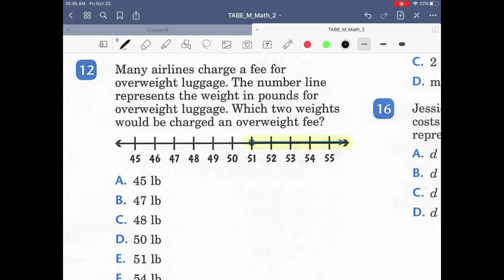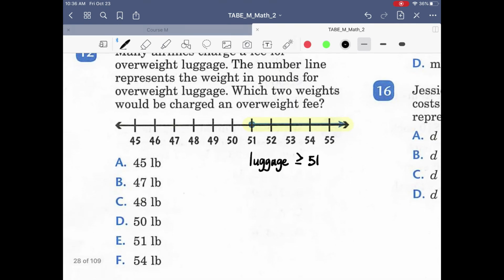So if the luggage weight is greater than or equal to 51, I will get charged a fee. So I would get charged at 51 and at 54. Both of those are in the interval.